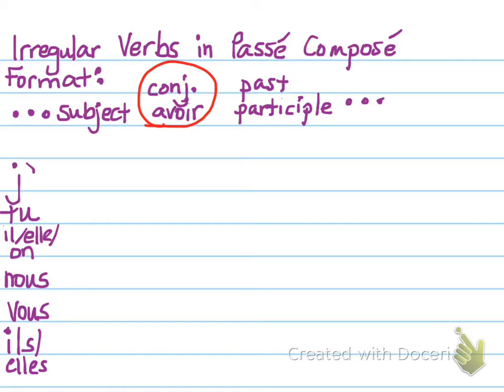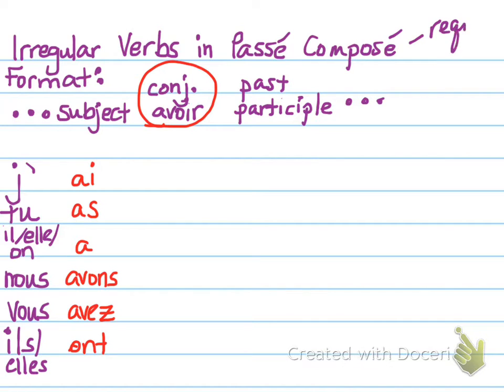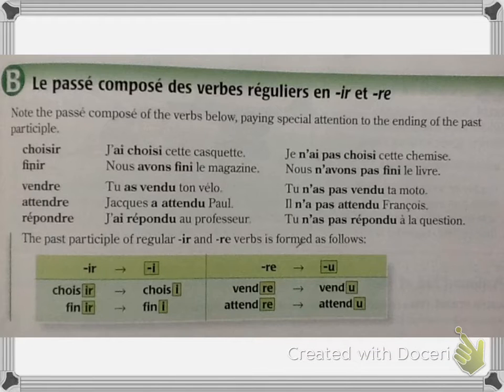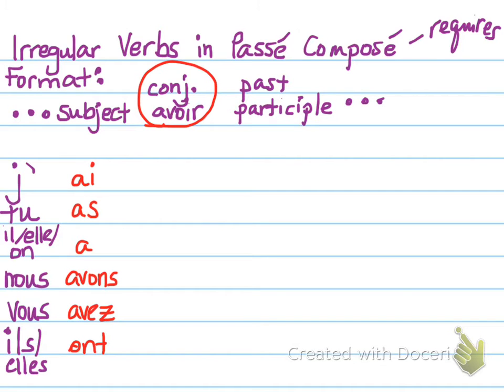Okay, so those are our subjects. Our conjugated forms of avoir still are a, avons, avez, and ont. Okay, so we still have to use two words.